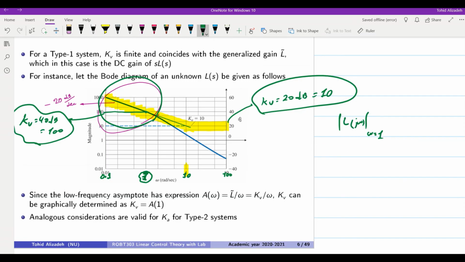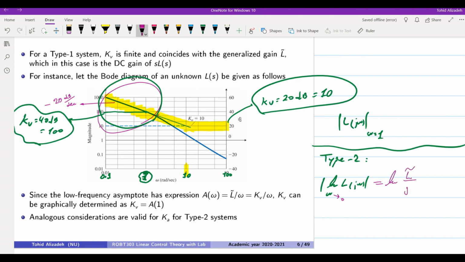Similarly, for a type 2 system, we have the amplitude of the limit of L(jω) as ω goes towards 0 equal to L̃ over (jω) squared.